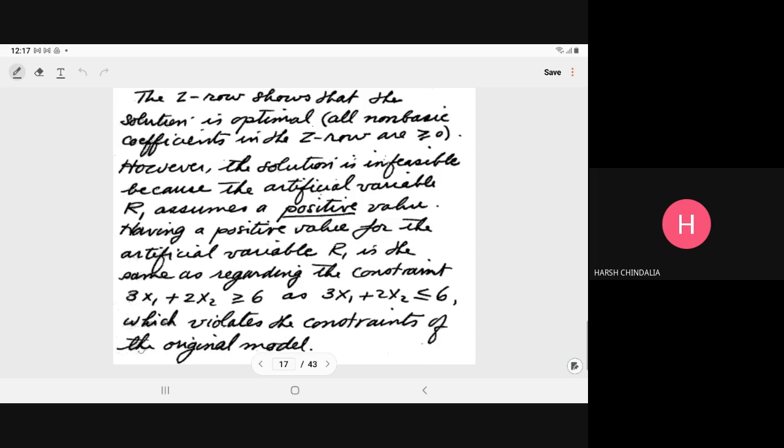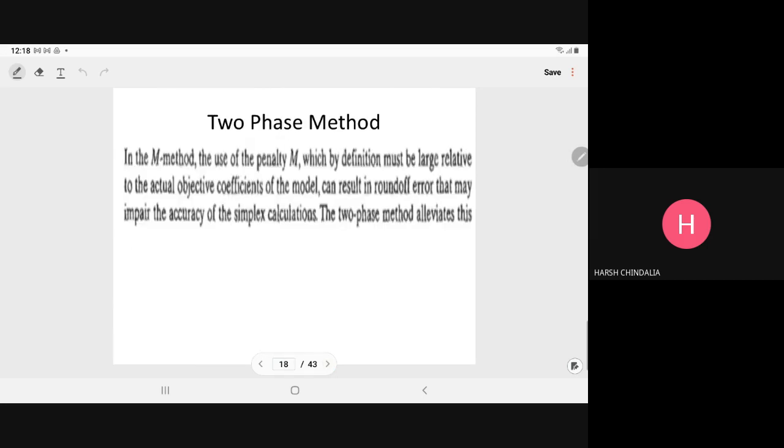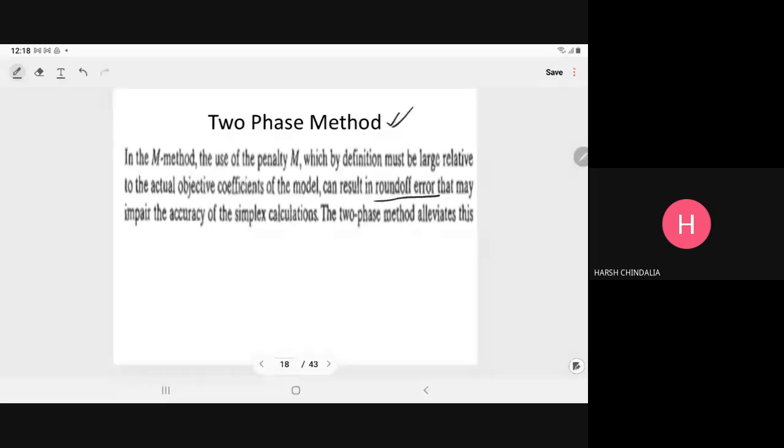And if M is very large, then there is a chance of error, a chance of round-off error also. So to overcome this, we have another method known as the two-phase method. In the M method, the use of the penalty M, which by definition must be large relative to the actual objective coefficient of the model, can result in round-off error due to the large value of M. Sometimes we have to do 1 upon M, right?